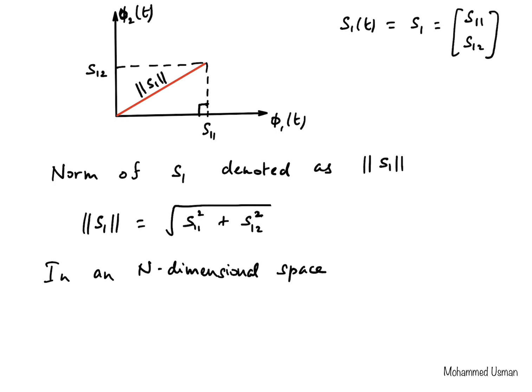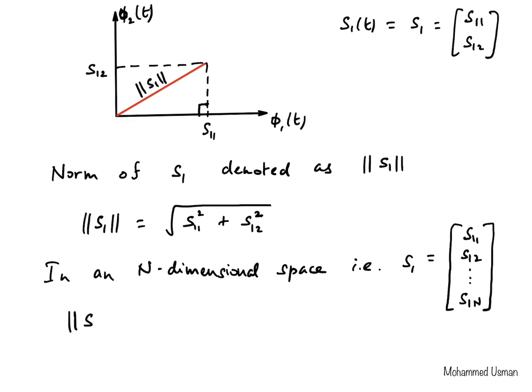then that means the signal S1, I'm just using one signal here, S1 will be an n-dimensional vector as S11, S12, and so on up to S1n. So that's an n-dimensional vector.